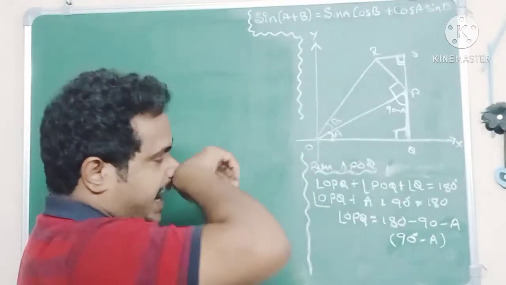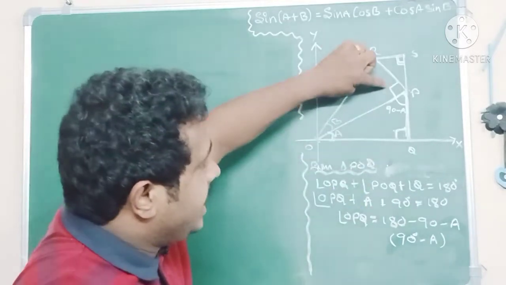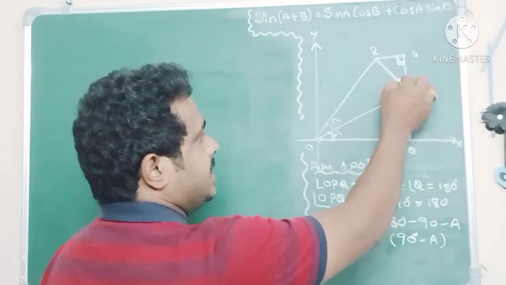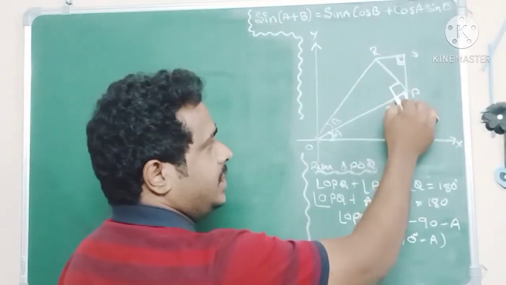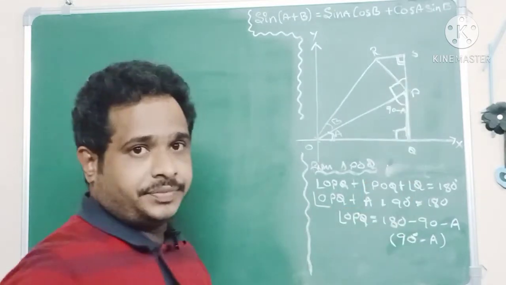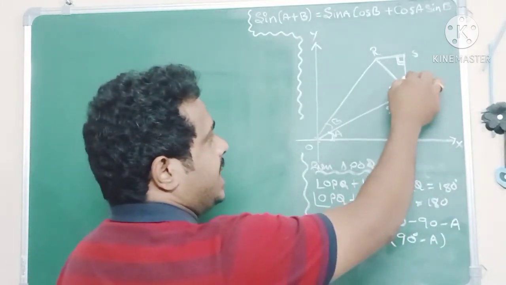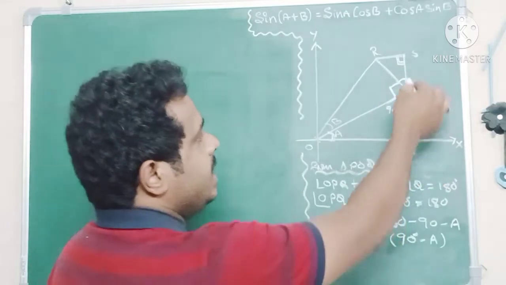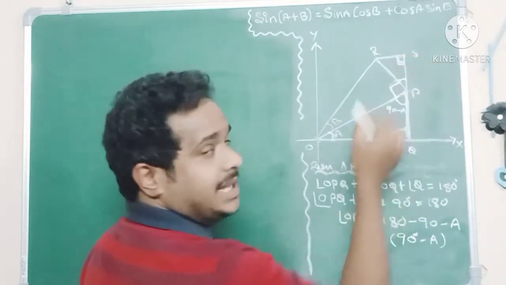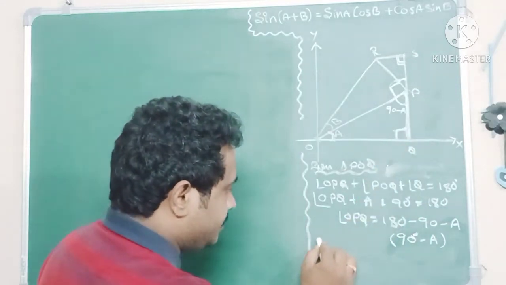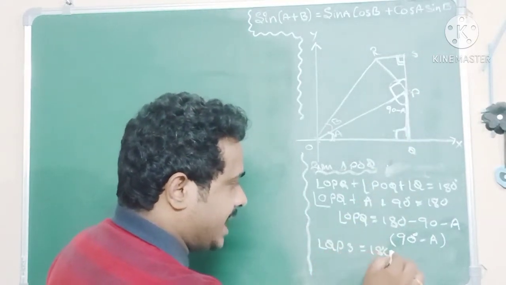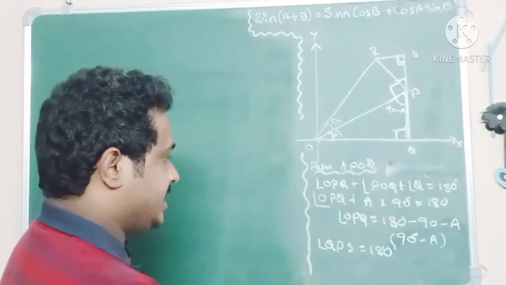Next, here again in this triangle, this angle is 90 degrees, and up to here 90 minus A. Then what about this angle? From here to here it is a straight angle, angle QPS. Angle QPS, what we know? Straight angle is 180 degrees.